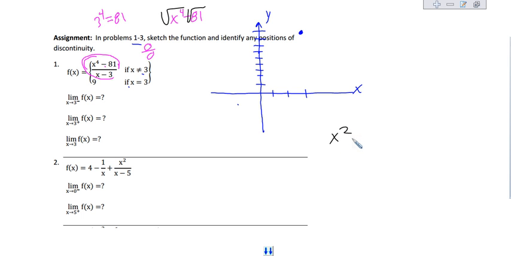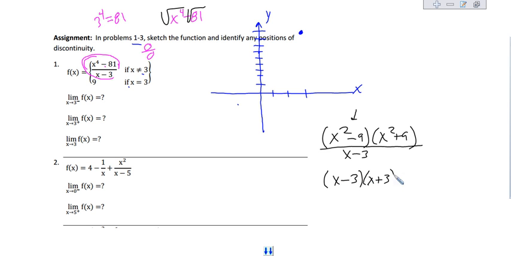We have x squared minus 9, and then we have x squared plus 9, and it's all over x minus 3. And of course, the first factor that we found also is a square minus a square, so it factors to x minus 3, x plus 3, and the rest of the numerator, we're going to leave it alone.